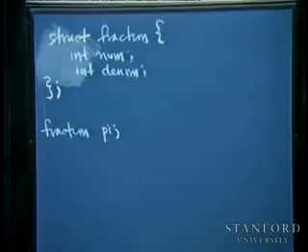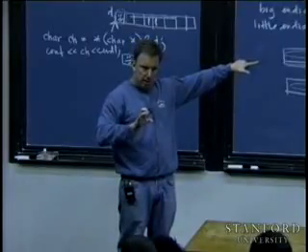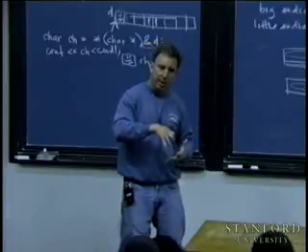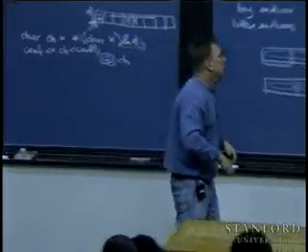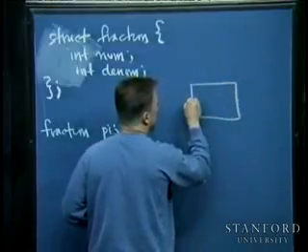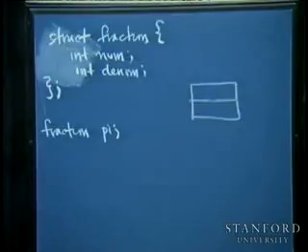I want to recognize that the amount of memory that's set aside for the struct fraction, not surprisingly, is 8 bytes. It's basically the sum of its parts, and it actually packs all of those bytes as tightly as possible. I'm going to draw this as 8 bytes. I'm going to emphasize the fact that it's really 4 bytes stacked on top of 4 more bytes.